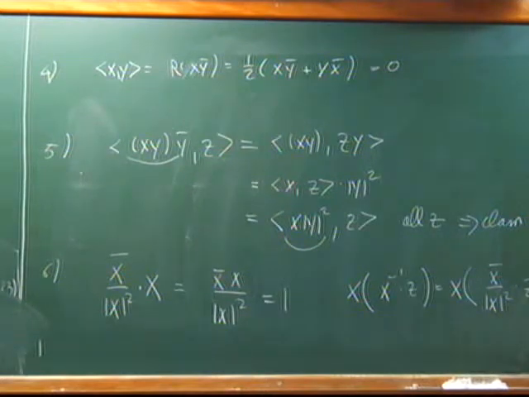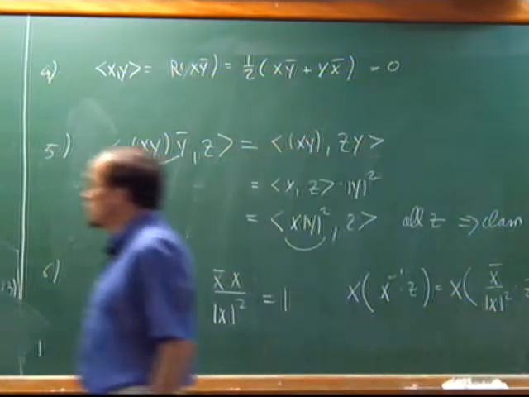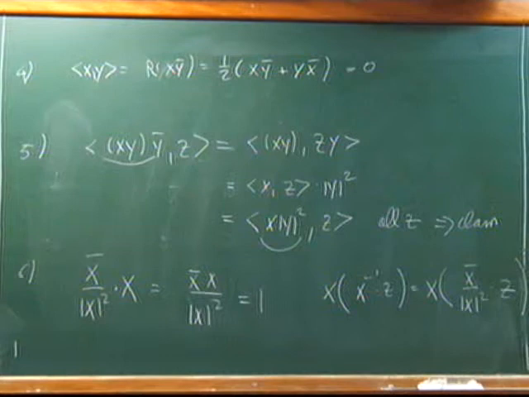And so this, of course, is a real number. I can take this out. But now I have an expression x times x bar times z. And now I have to use rule 5. That's this rule right here. It comes out as norm x squared.